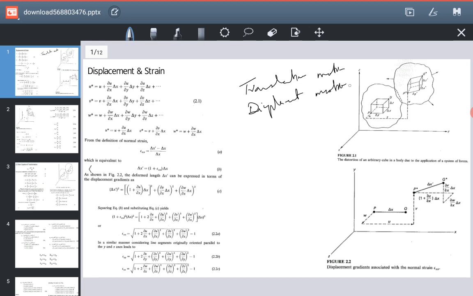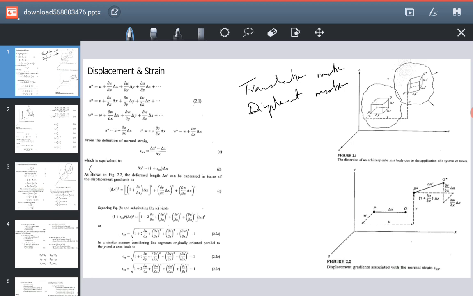So in the translation motion, although it looks similar, for the sake of this chapter, we are differentiating. The translating motion simply represents that one body as a whole, with all its points, changes its position from one place to another.